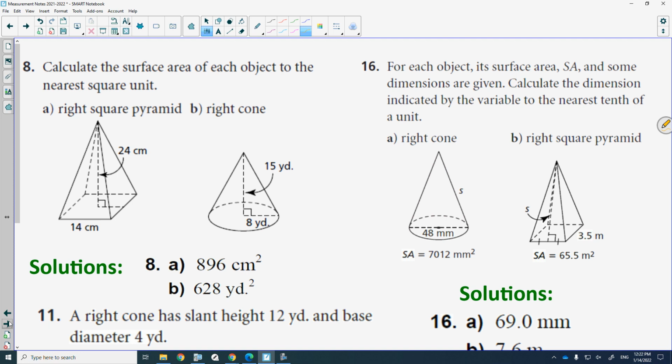And then from here, I want you to do these two because these two are going to be box and surface area, and you need slant height. So you're going to do Pythagorean theorem for each of these.